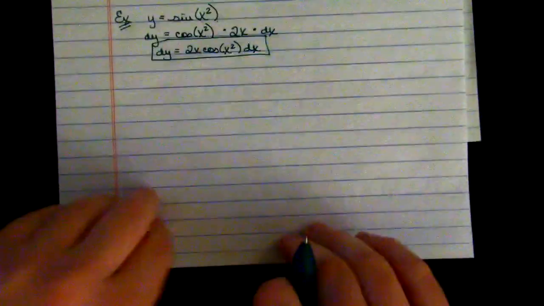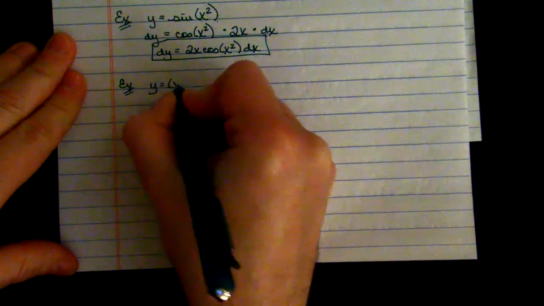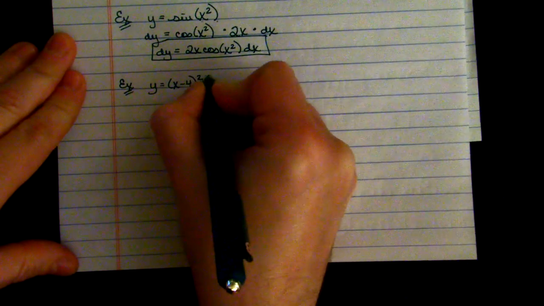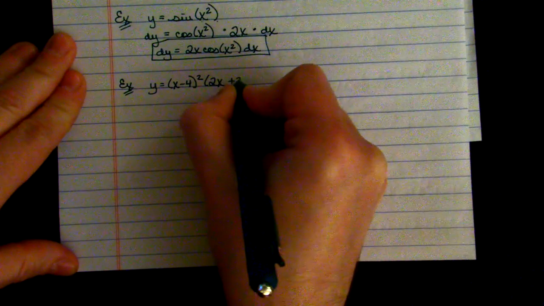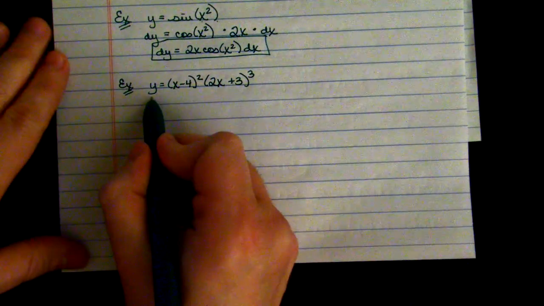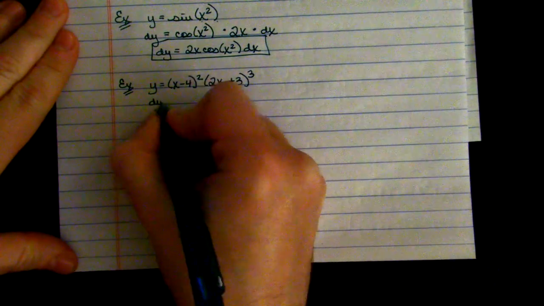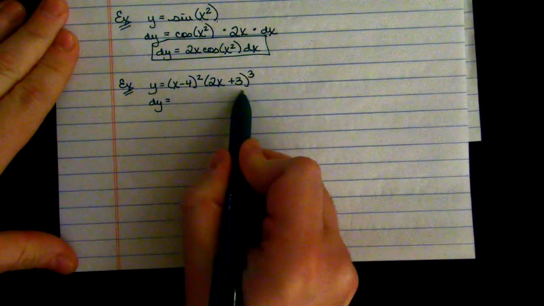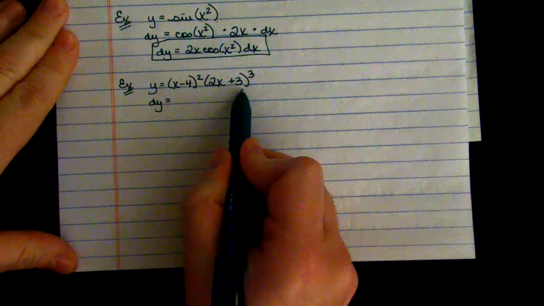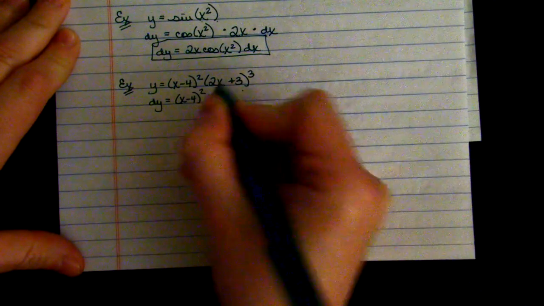We're going to take a look at one more. Let us deal with this. y equals x minus 4 squared times 2x plus 3 cubed. Get that copied down. On the left, derivative of y is, I hope you just said dy. On the right, I need to use product rule, and within the product rule, I need to use the chain rule. First, times derivative of the second, x minus 4 squared times derivative of the second.